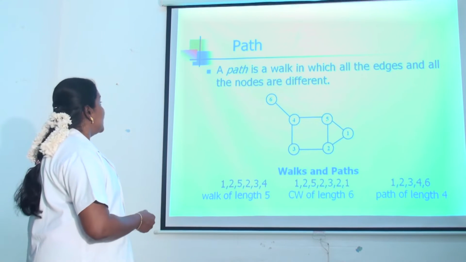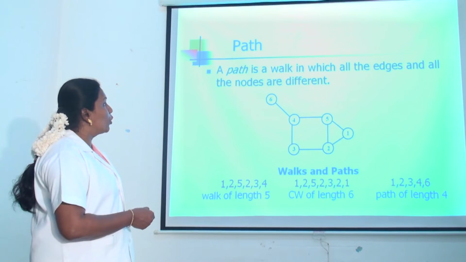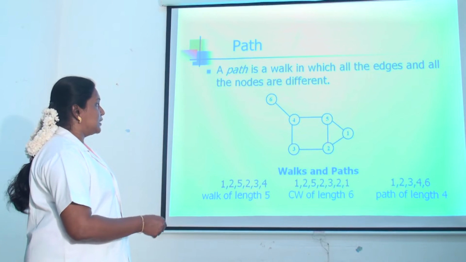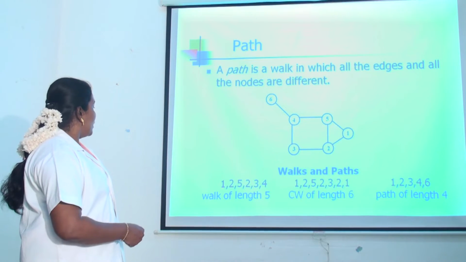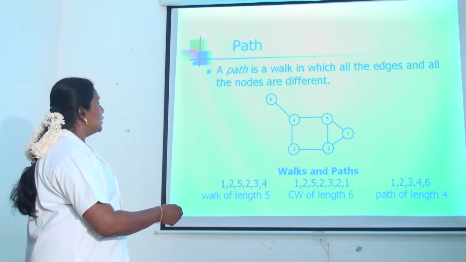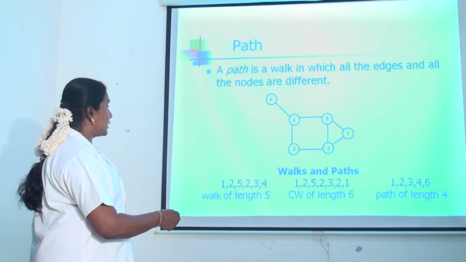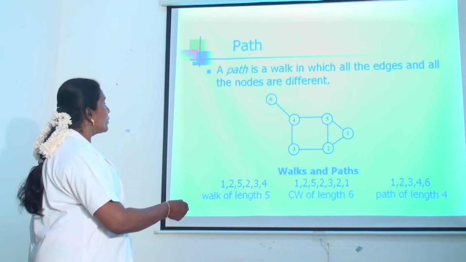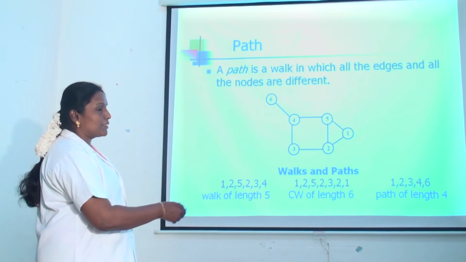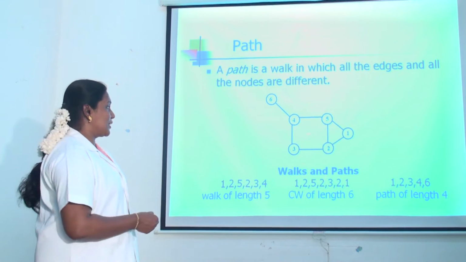What is a path? A path is a walk in which all the edges and all the nodes are different. Here the first one is a walk: 1, 2, 5, again 2, 3, 4. The length is 4. It is simply a walk. What is a closed walk?